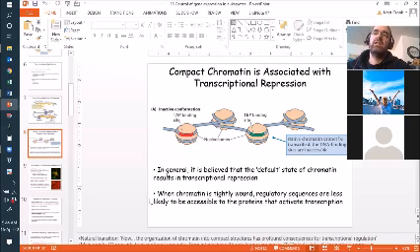So essentially the idea is that if DNA is tightly associated with histones, it's not able to be expressed, right? So compact chromatin, which is essentially what that means, is associated with transcriptional repression, right? And the reason for that is simply a physical one, right? The proteins needed to turn on gene expression, which we'll get to later, such as transcription factors, RNA polymerase itself, things like that, they occupy physical space, right?